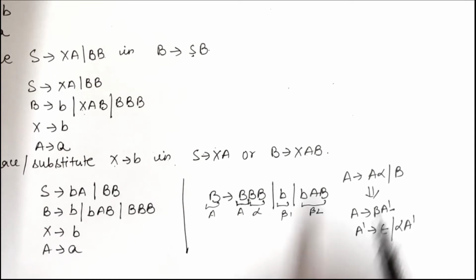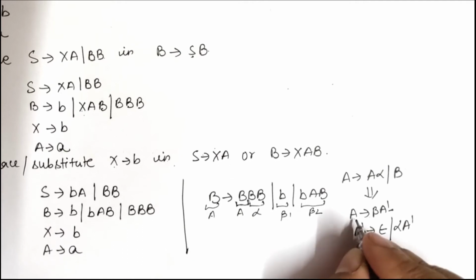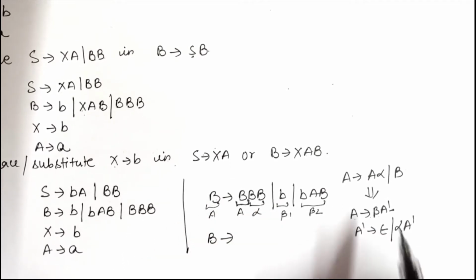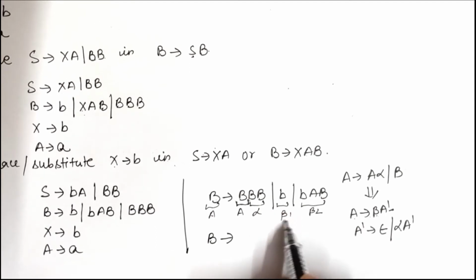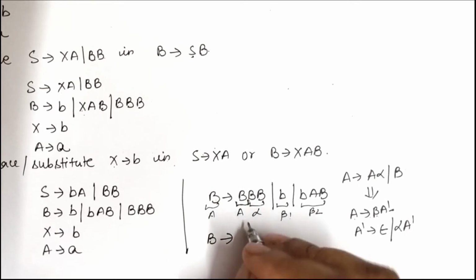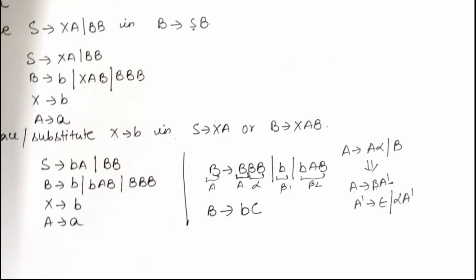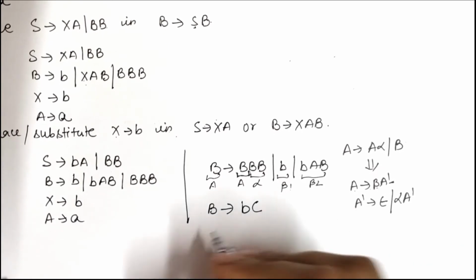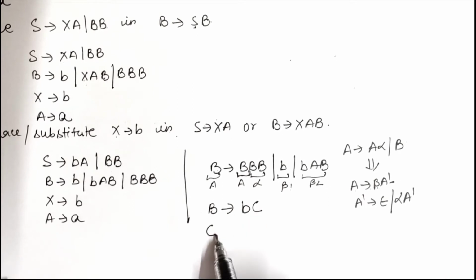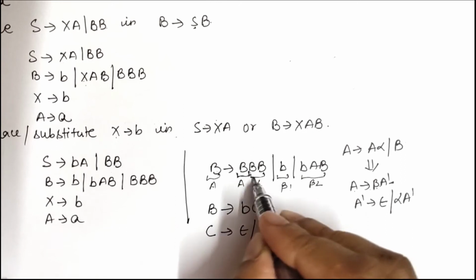So first, A derive beta A dash. In place of A, what is A here? This A is B. So B can be beta. First we take beta 1, then beta 2. For beta 1, this is b, A dash, and in place of A dash I am taking capital C. So C will be epsilon or alpha A dash. What is alpha here?